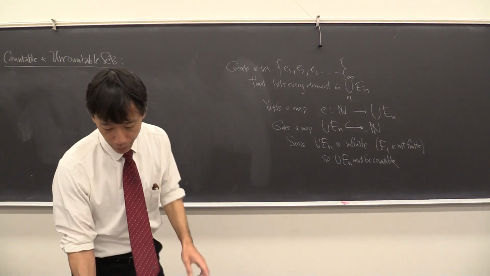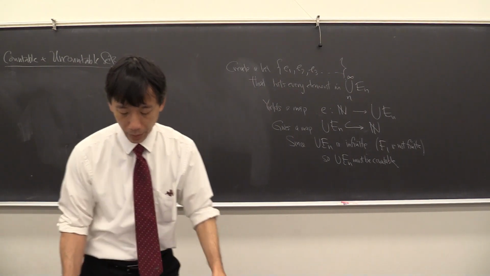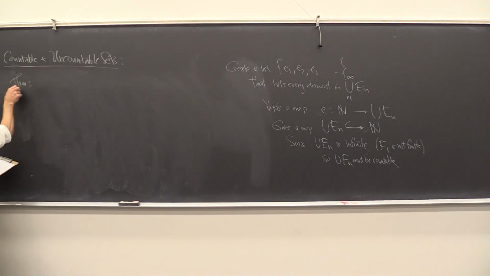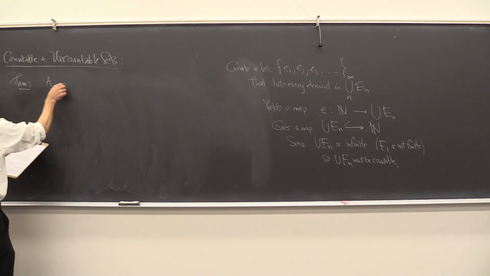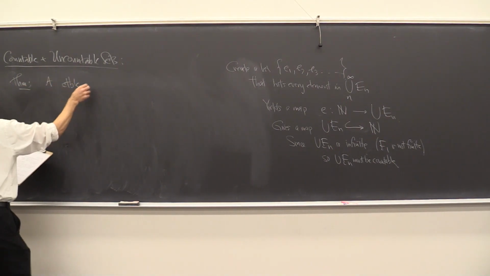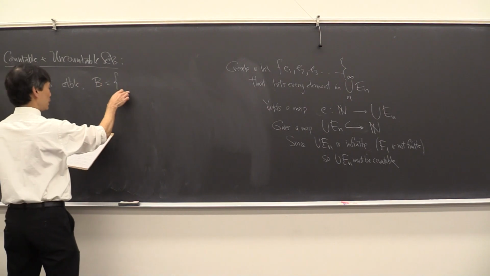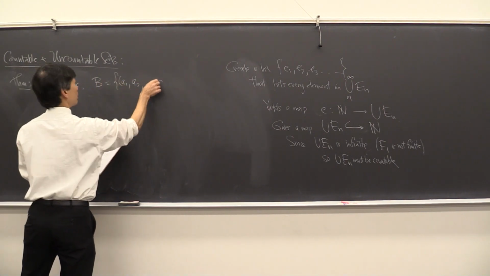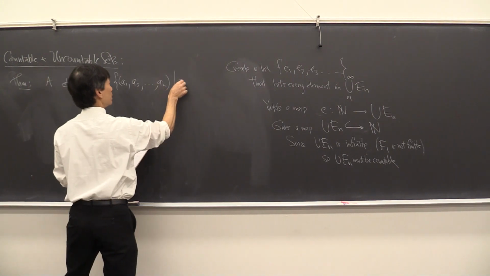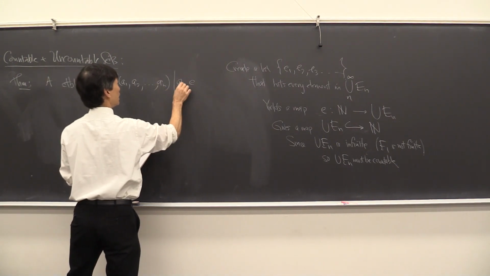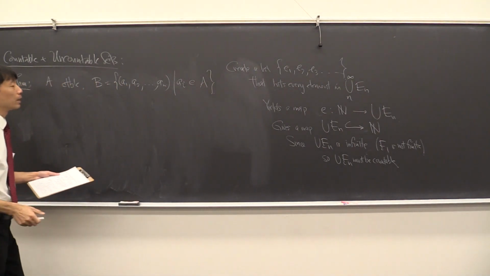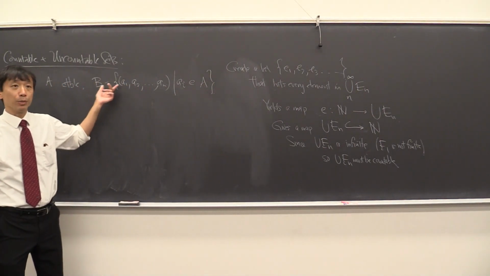The next thing we're going to show is that if you take tuples, so if you have a countable set A, and then B, the collection of n-tuples A1, A2, to An, where each of the Ai is in A. So this is the Cartesian product, basically.